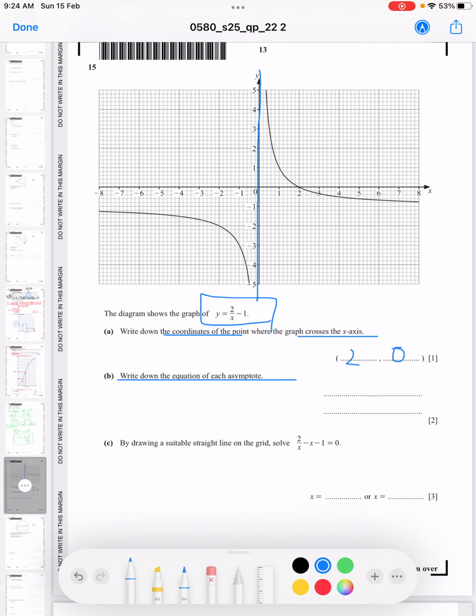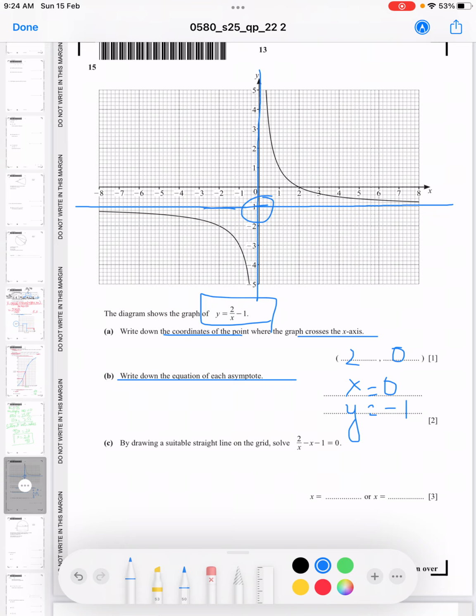Now for the y-axis, at this one, if you draw a line, it will be at equal distance from the other 2 points, right? So these are the equations of the asymptotes we need to find out. The first one is x equals 0 and the second one is y equals, what is the value of y? Minus 1, right?